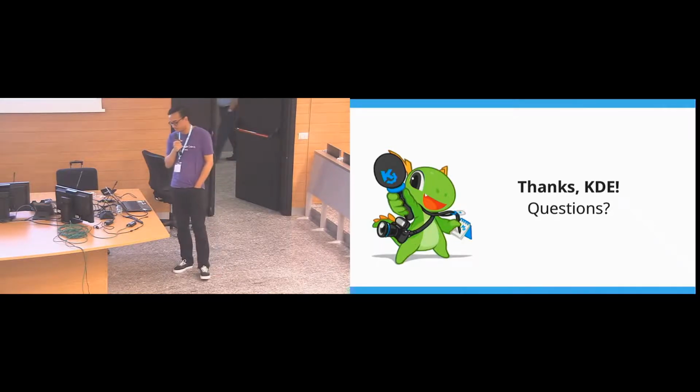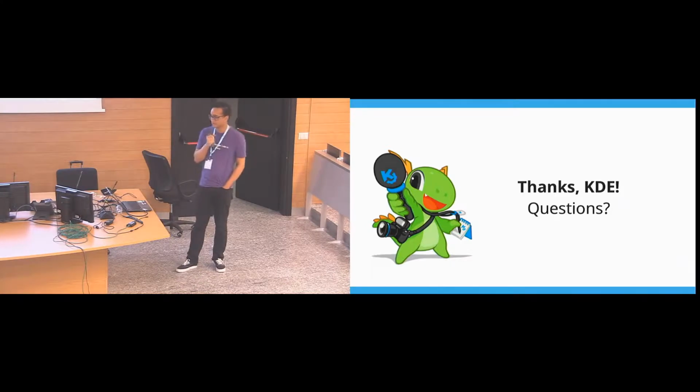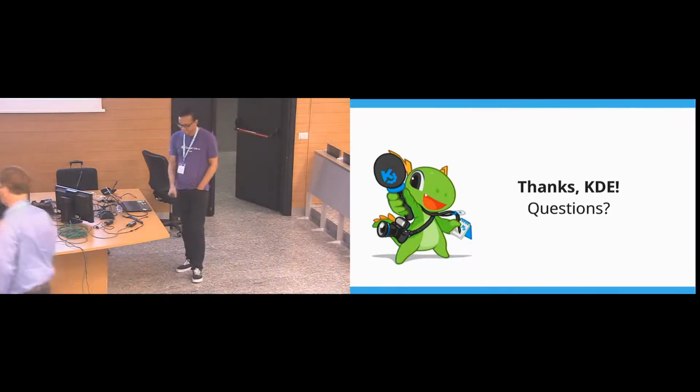So we just needed Polkit to authenticate the helper. It's basically that, because we start the helper service with superuser, and yeah, it's basically that. It was more Andrew's decision than mine.